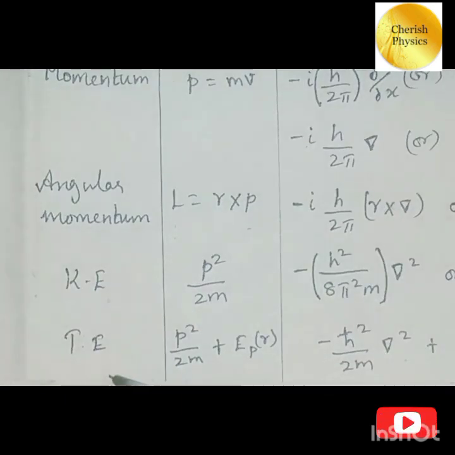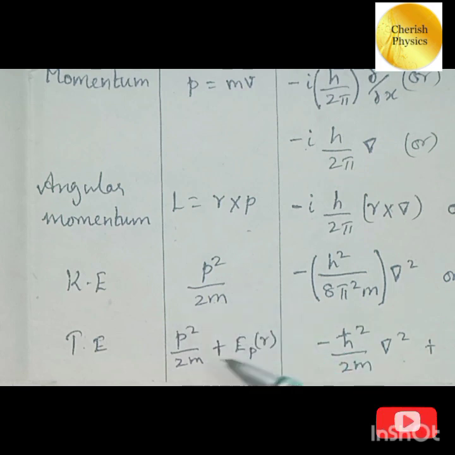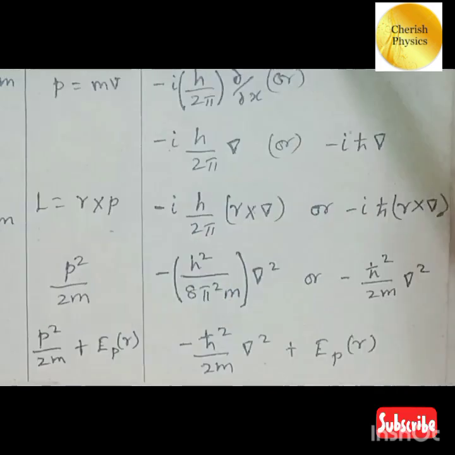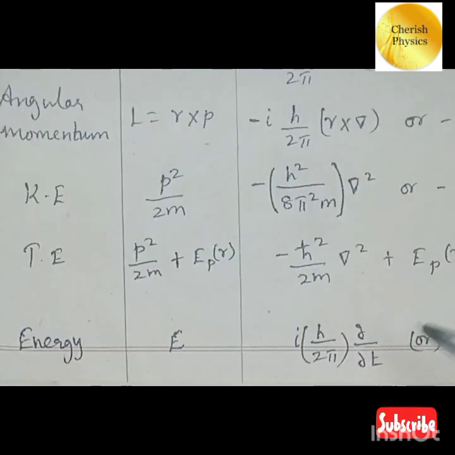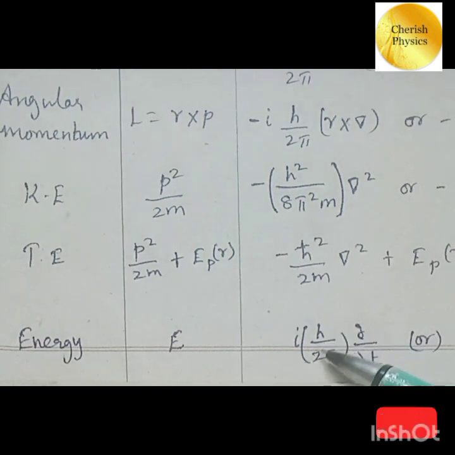The next one is total energy. Total energy is equal to kinetic energy plus potential energy. So the quantum operator for the total energy is minus h cross squared by 2m del squared plus Ep. Or we are going to write the quantum operator for the energy in terms of time derivatives. So its quantum operator is i h by 2 pi into dou by dou t.